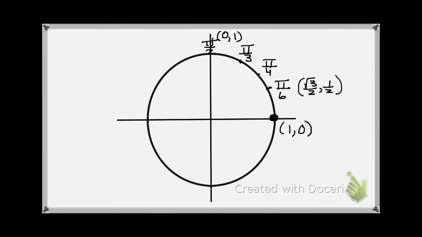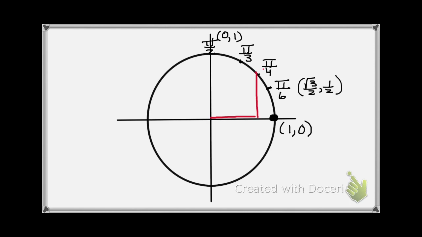Let's just take a look at one more. If I take this point here, and I want to know what's the x and y coordinate there, I go over a certain distance in the x direction, and I go up a certain distance in the y direction.